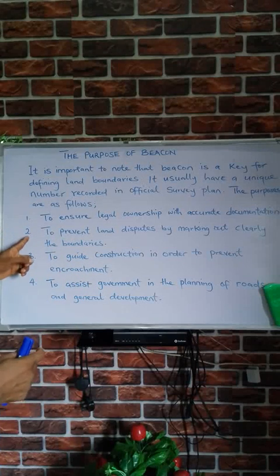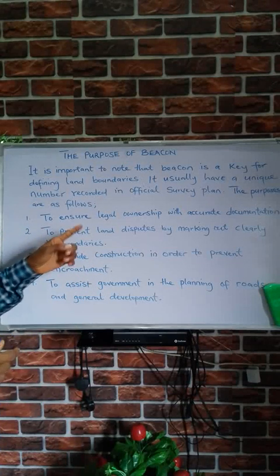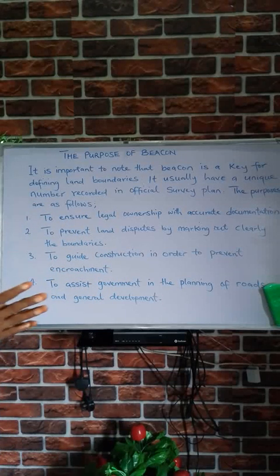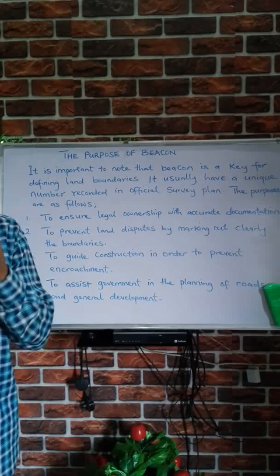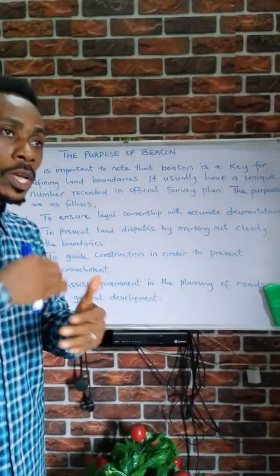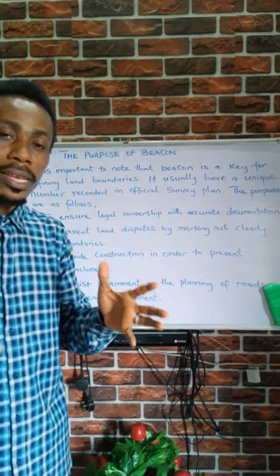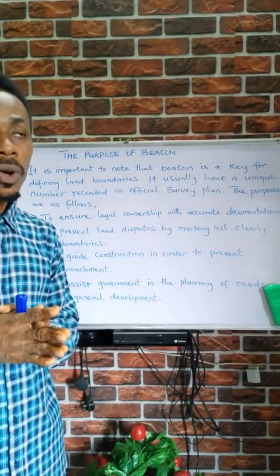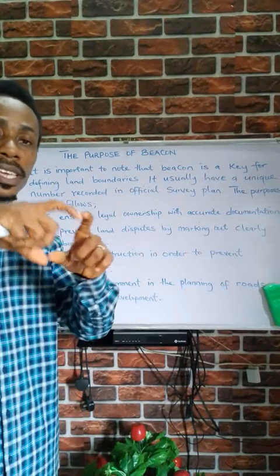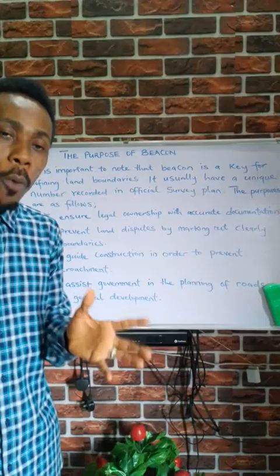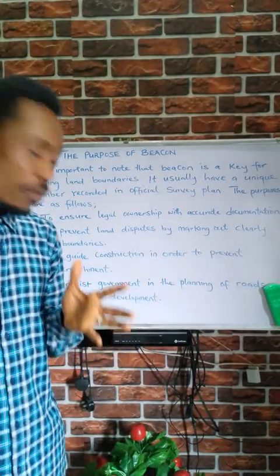Then the second purpose is to prevent land dispute by marking out clearly the boundaries. Your beacon will help to show clearly the size of that land. It will help to give a clear definition of the scope or the extent of the land.